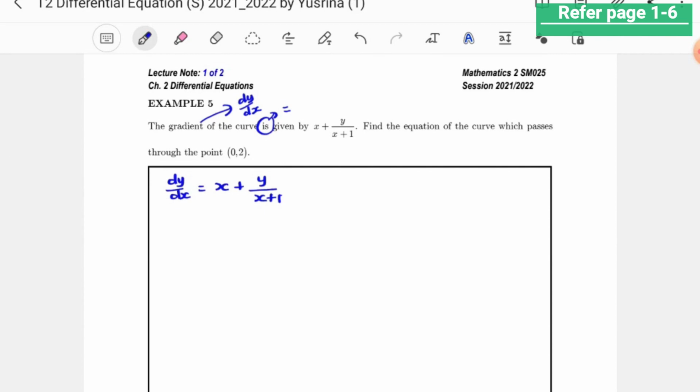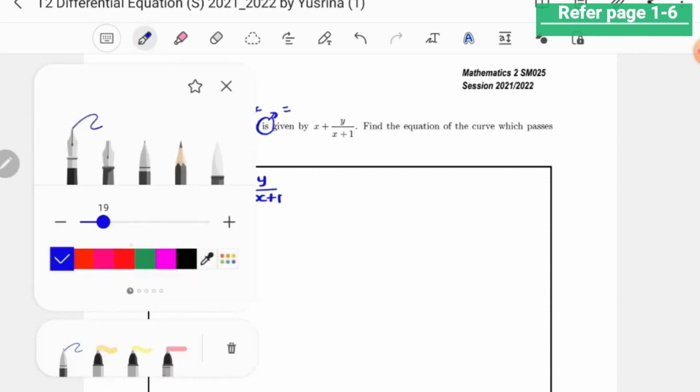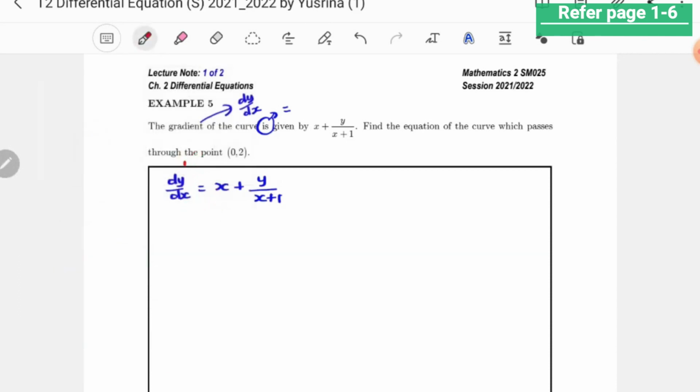Okay, the condition is given, that means the solution must be a particular solution. First we have 3 terms: 1, 2, 3. Normally we can use the integrating factor. The first step for the integrating factor is standard form.